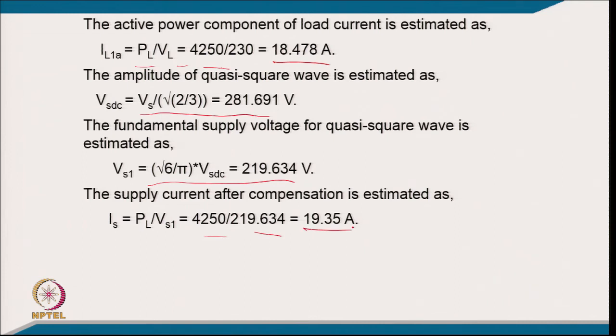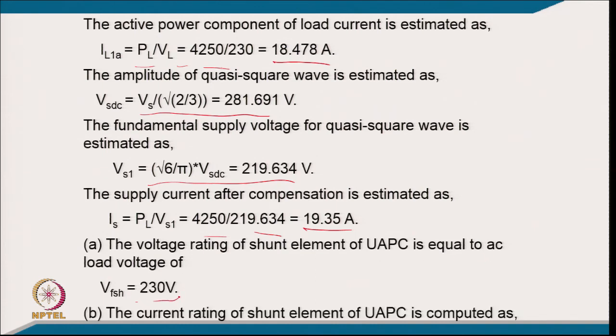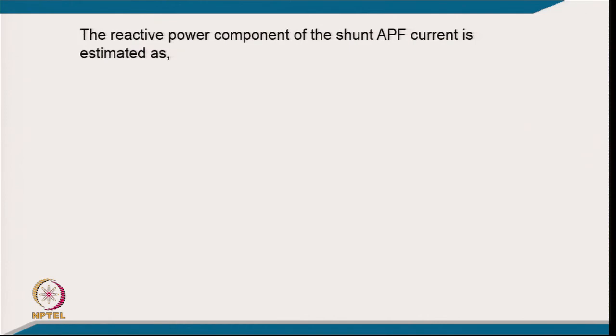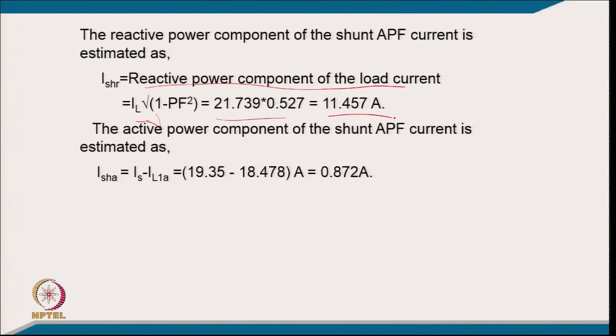The supply current after the compensation, from the power and this supply fundamental voltage, comes 19.35 ampere fundamental current, and the voltage rating of the shunt element is equal to the load voltage of 230 volt. The current rating of the shunt element is computed as the estimated reactive power component of the load current, that is from load current and √(1 minus power factor square), and putting the value it comes 11.457 ampere.